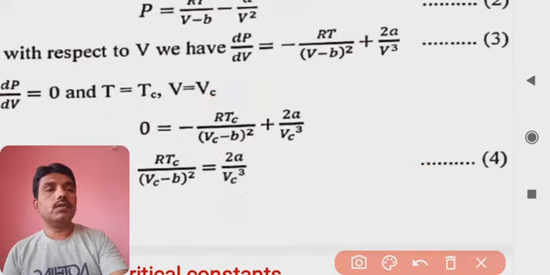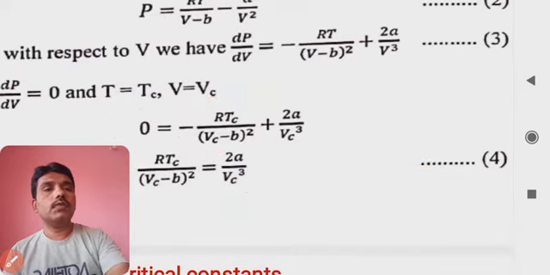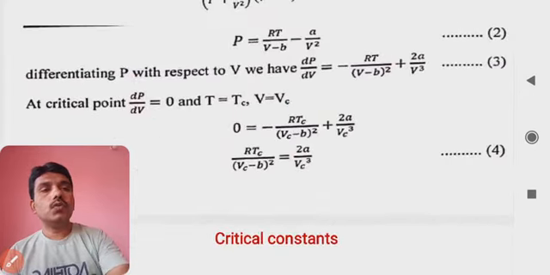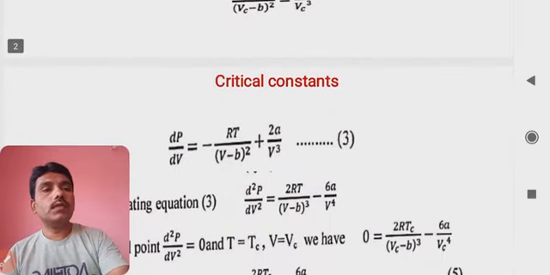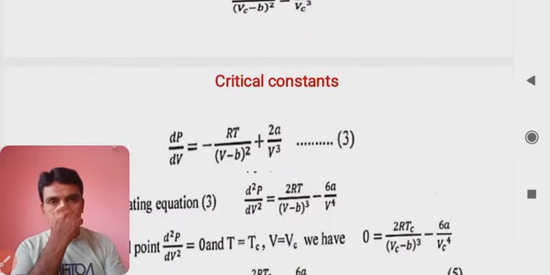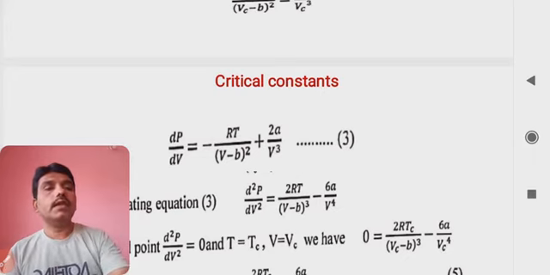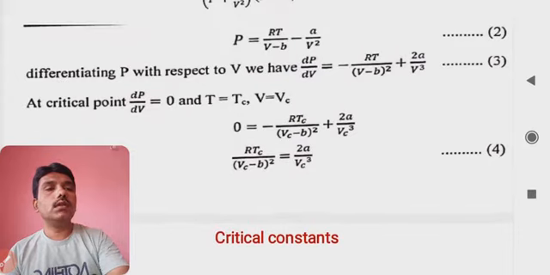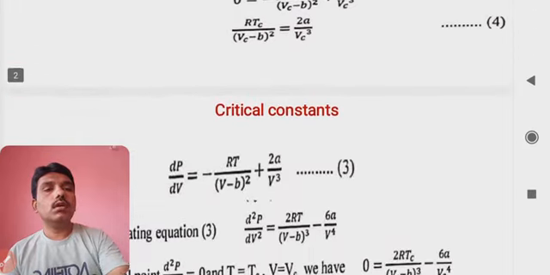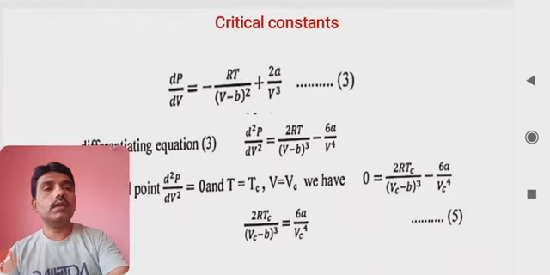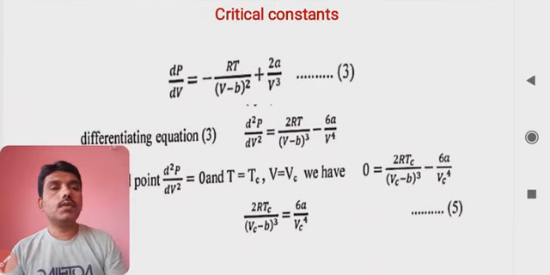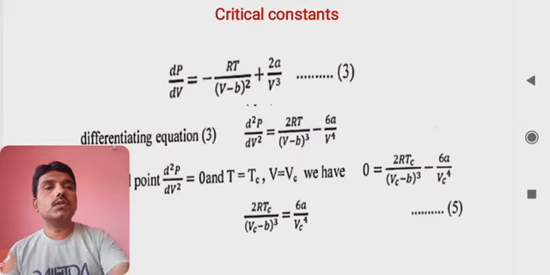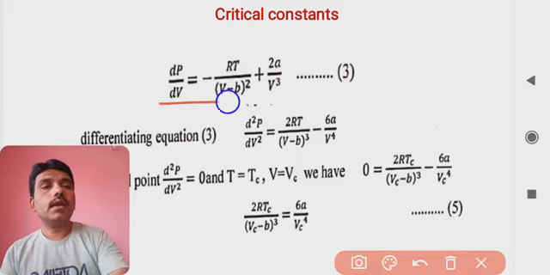In that case, with this differentiation, we have this relationship. Moving forward, the relationship dP by dV I can write from equation number 3: dP by dV is equal to minus RT divided by (V minus b) whole square plus 2a divided by V cube.